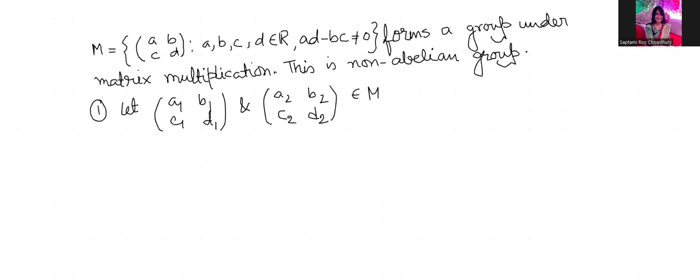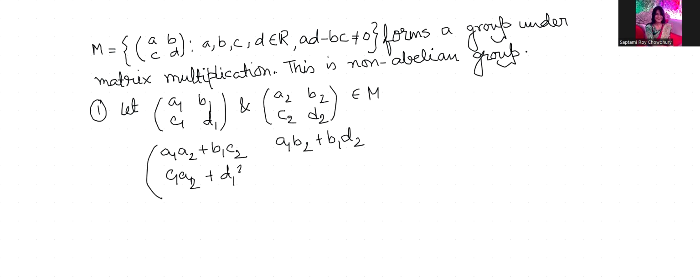After multiplying, we will get a1a2 plus b1c2, a1b2 plus b1d2, c1a2 plus d1c2, c1b2 plus d1d2, right? After multiplying these two matrices, we will get this. As these are all integers, this is obviously an integer. So this also belongs to M.